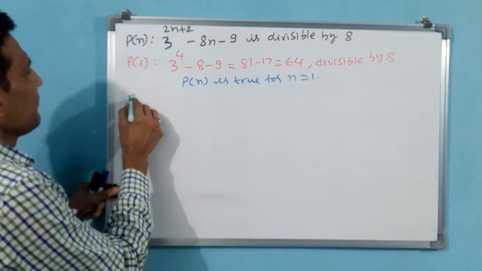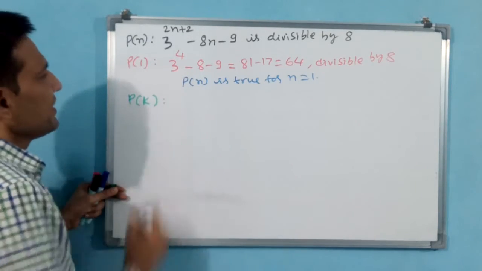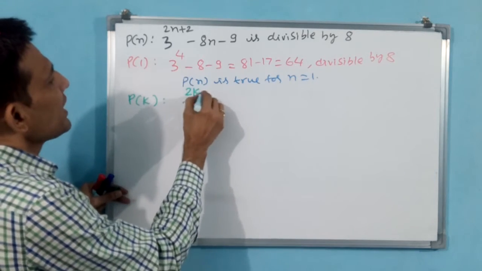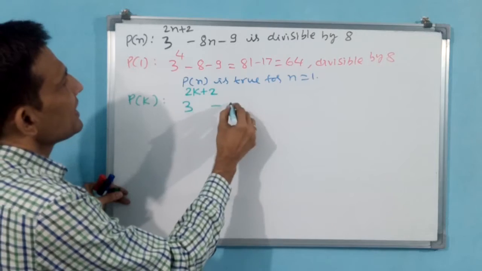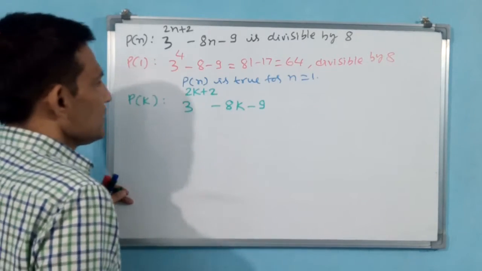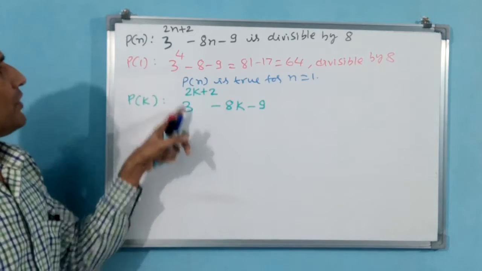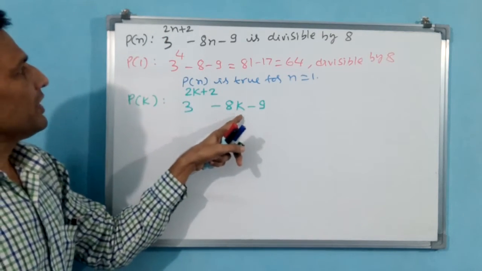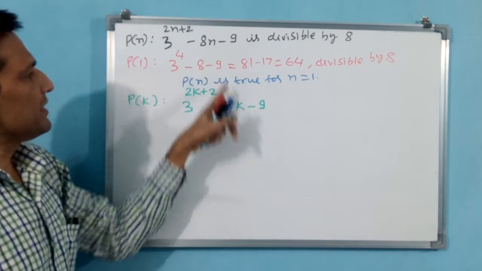P of k: 3 power 2k plus 2 minus 8k minus 9. Is it okay? First you see, n plus k has to come.